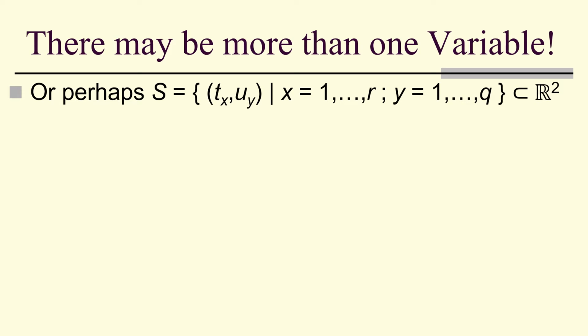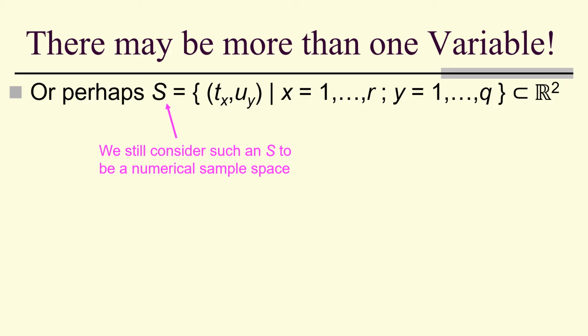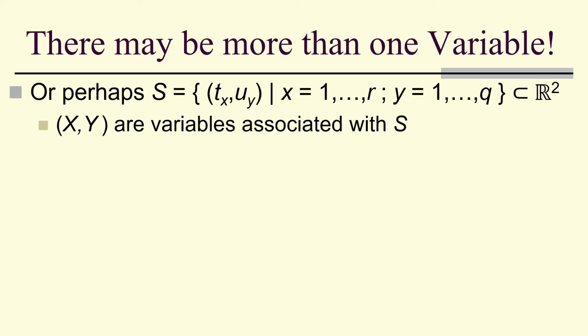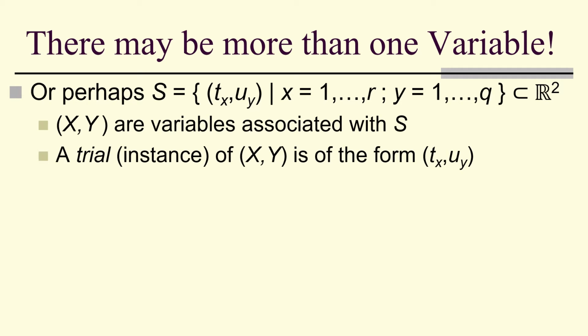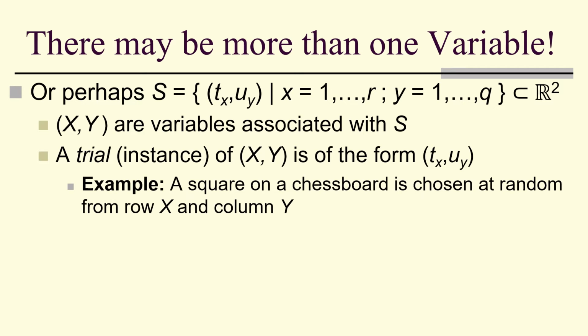So this is a subset of R2, and we'll still consider this to be a numerical sample space. X and Y are variables associated with S in the sense that a trial of X paired with Y is of the form T sub x, comma, U sub y.